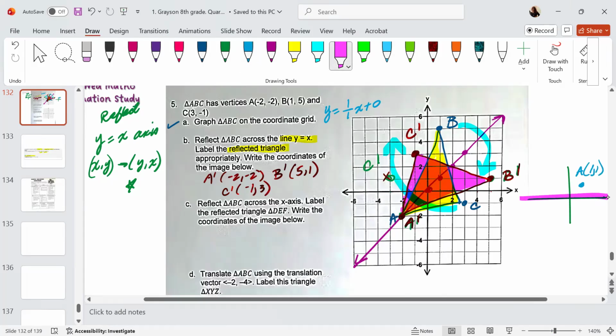X-axis is right here. I flip it over here, what's going to happen with my A prime? What changes? The y. Yeah, X stays the same, but what changes? Y. So then if you're going to reflect over the x-axis, what would be your equation? XY is going to become what?